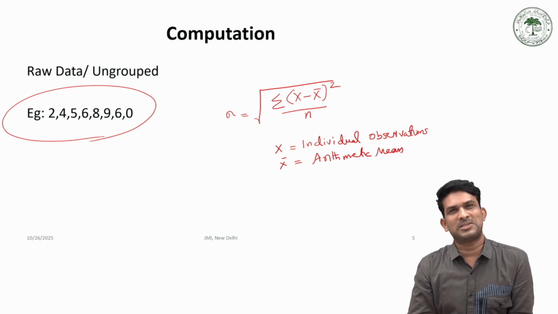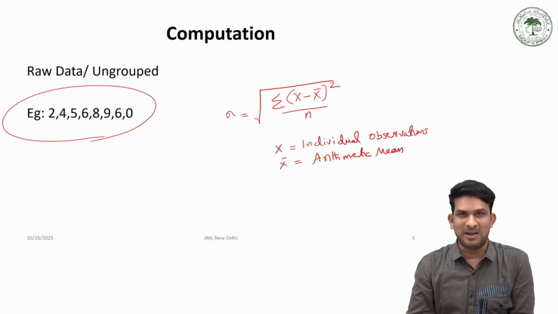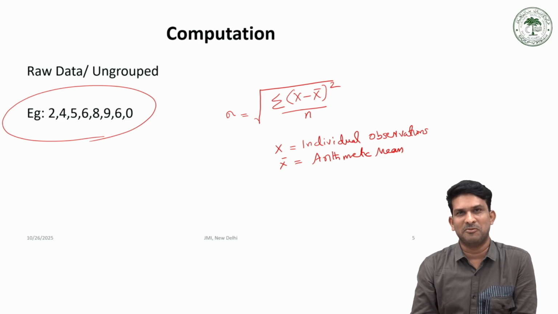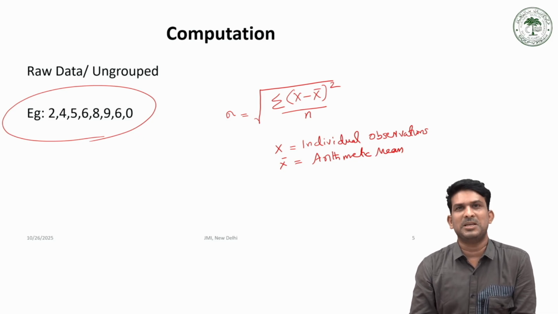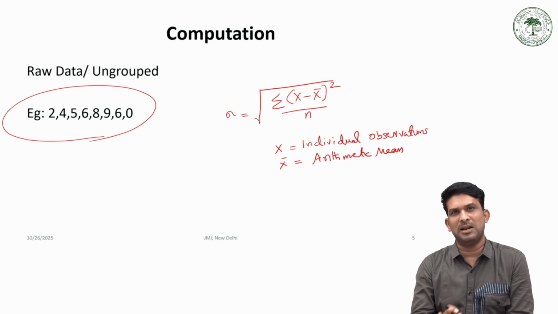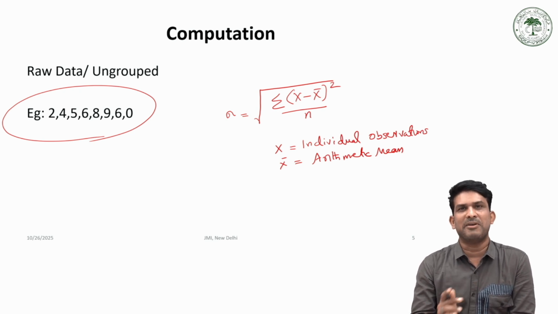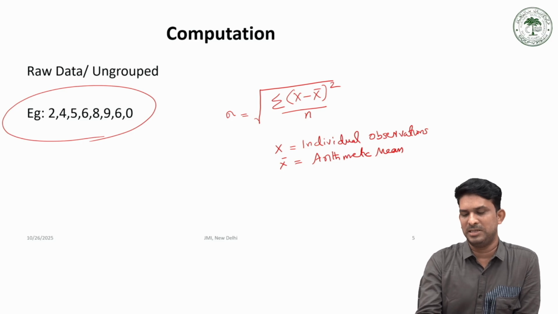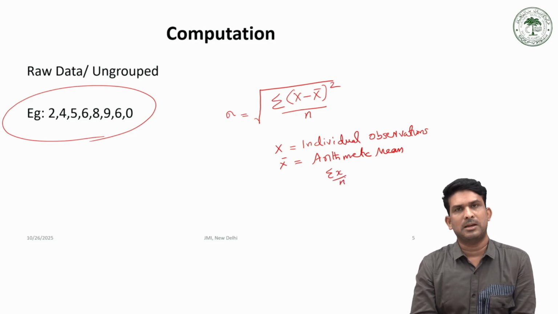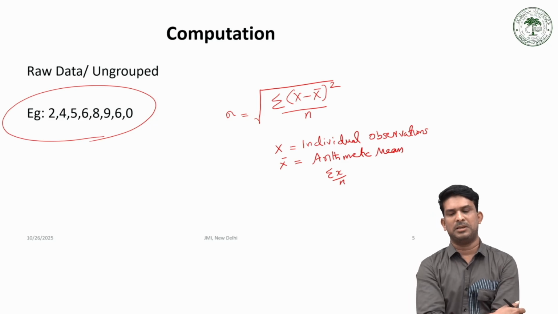How to calculate X bar? We have to have an idea regarding how to calculate arithmetic mean. Arithmetic mean of ungrouped data is sigma x by n. Total of the observations divided by number of observations, right? It is sigma x by n. Am I right? Yes, sigma x by n.